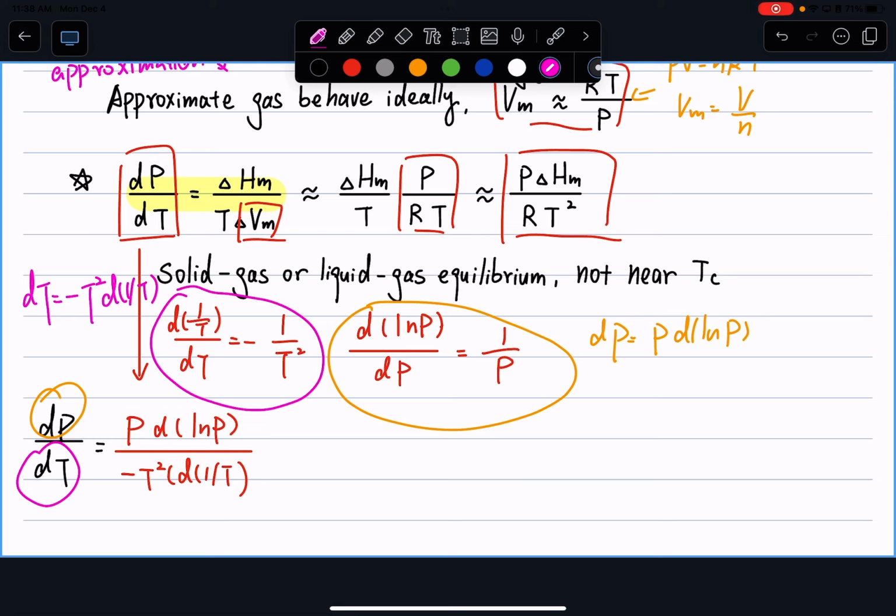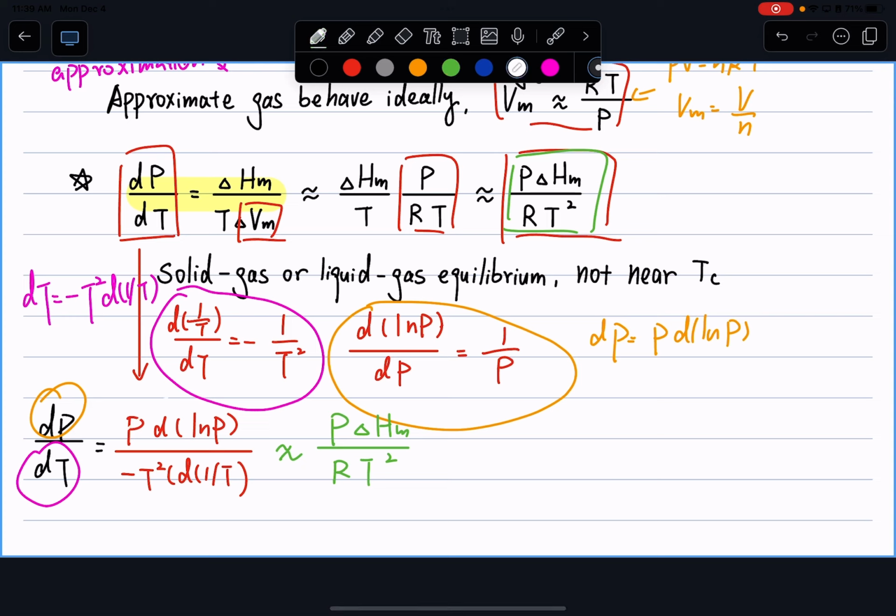That's the calculus part. And on the right-hand side, what do we have? We have this, right? So that equals P delta Hm over RT squared. Some of the terms cancel out on both ends of the equation.